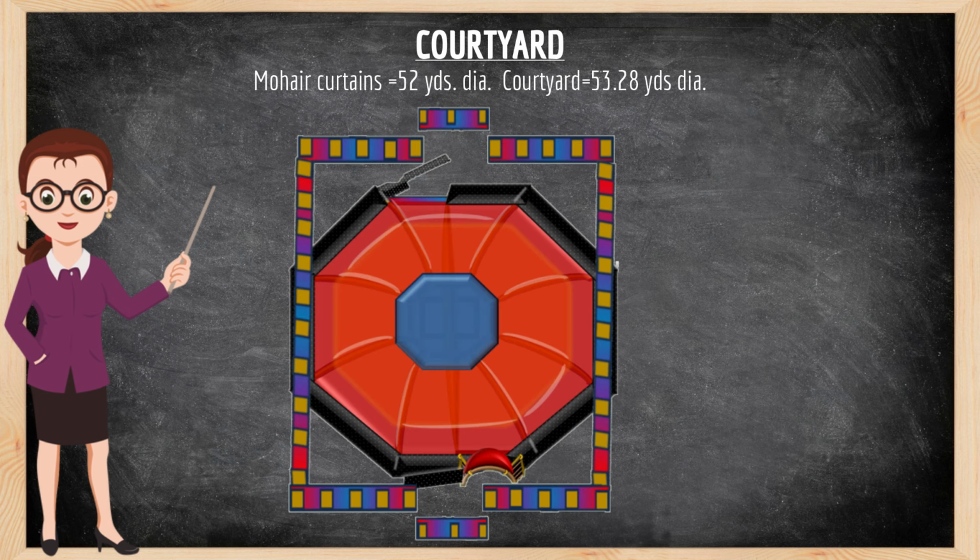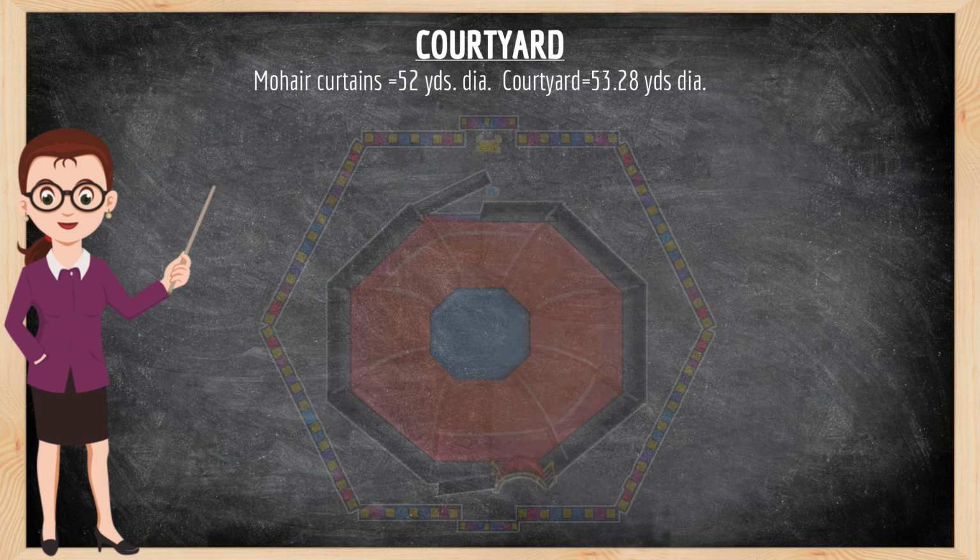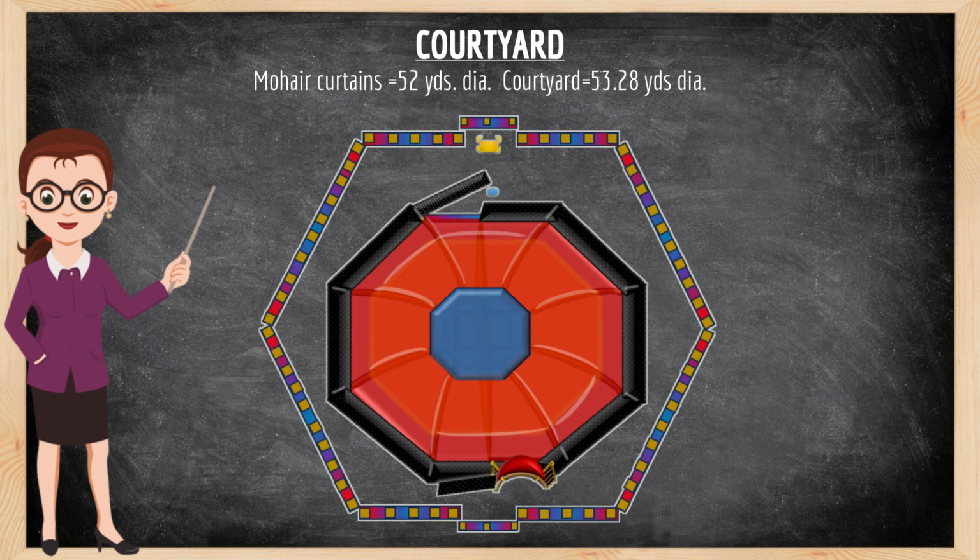Now, the traditional rectangular courtyard would not accommodate the size and shape of the tabernacle as an octagon. But if you take that same lineage and make it into a polygon shape, namely a hexagon, just as the materials indicate, this would enclose the tabernacle, leaving room in the front for the altar and the wash laver.